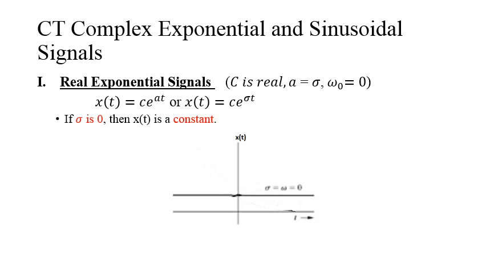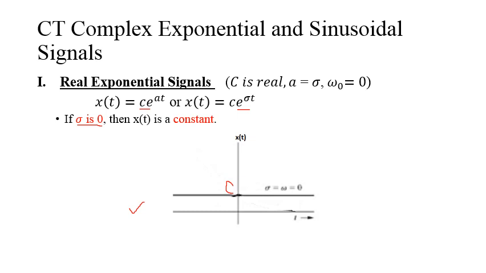So in this case, if the real part is 0, then because it's 0, replacing the value of the sigma here, it will result into a constant signal, because anything multiplied by 0 will result into 0. So this will be a constant signal as shown here, right? So if sigma is 0, then we have a constant signal, and amplitude of this signal will be equal to the value of the C.